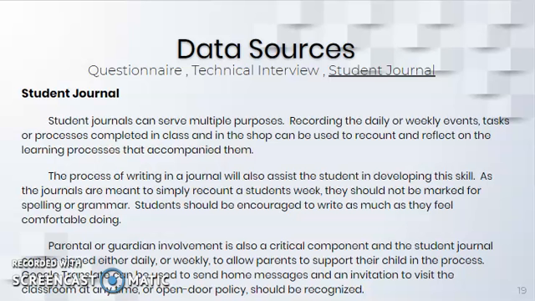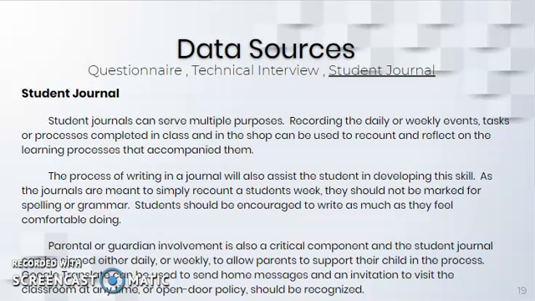Parents don't need to sign this every day, but on a weekly basis, if this journal were to go home, it would allow the parents to see what was going on in shop class, and it allows that communication, as cited before, integrating parent involvement into this ELL student and all students. So this student journal would certainly help this as well.